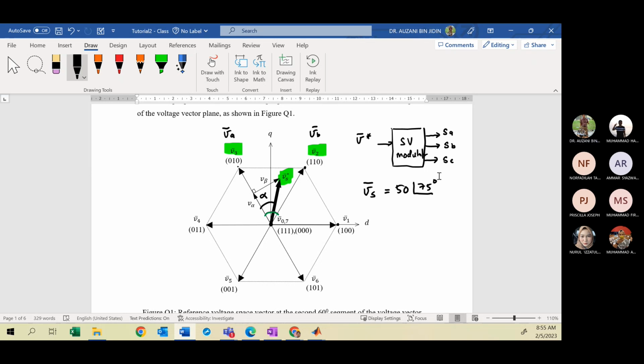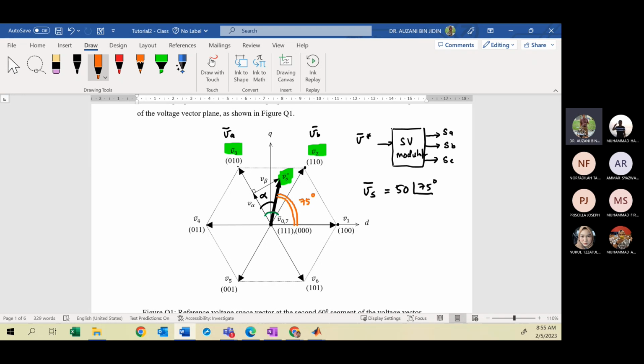So the angle difference between the space vector and D axis, direct axis, is 75 degrees.